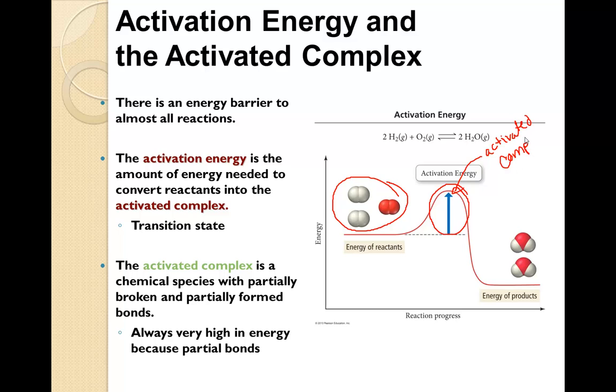And that holds the transition state where the molecules are actually transforming. The activated complex is a chemical species in which partially broken and partially formed bonds exist. They are always very high in energy because of the partial bonds.